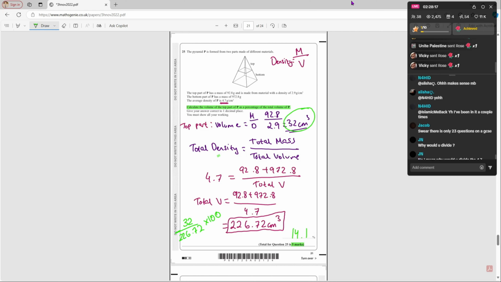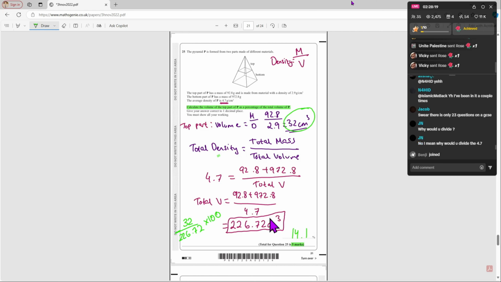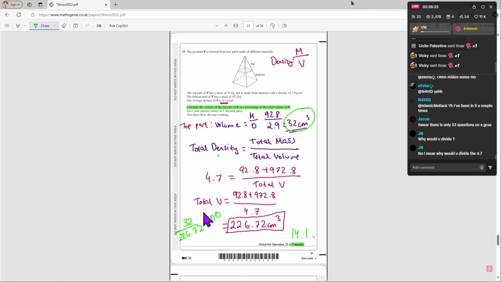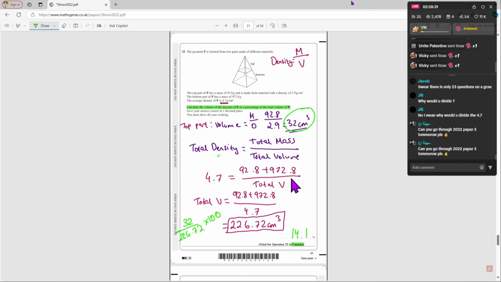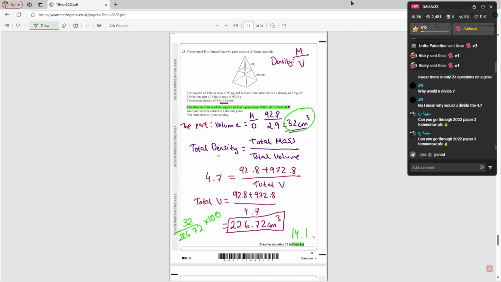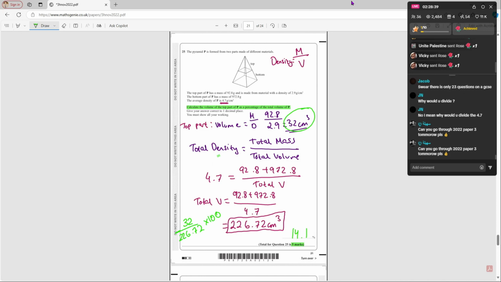Substitute our values in and then rearrange it to find the total volume. Why do we divide by 4.7? Because when we substituted our values in, we got 4.7 is equal to 92.8 plus 972.8 over total volume. We need to work out the total volume, so when we rearrange it, we have to divide by 4.7. Okay?